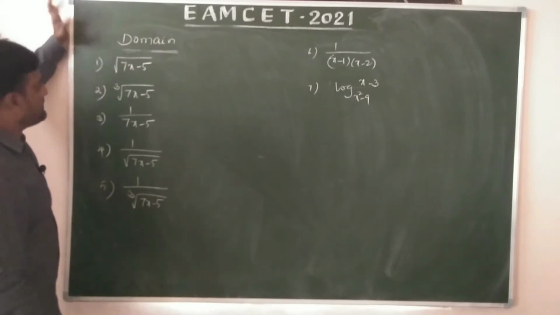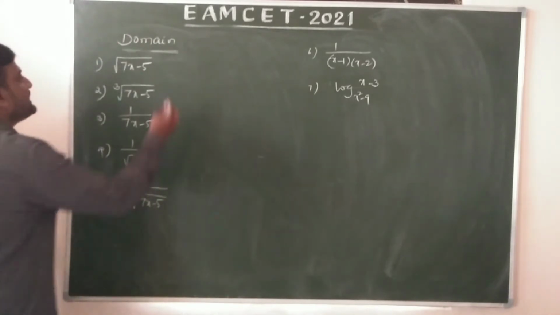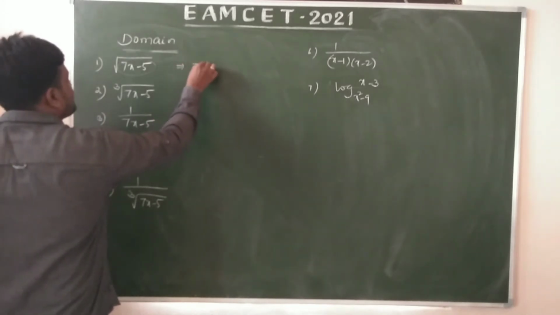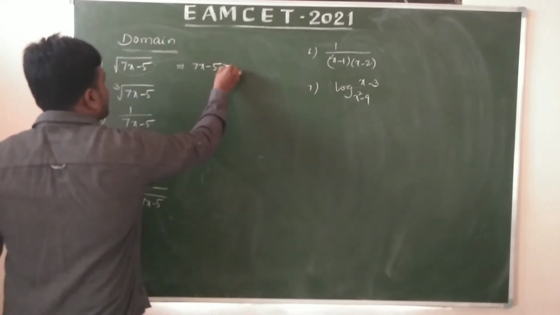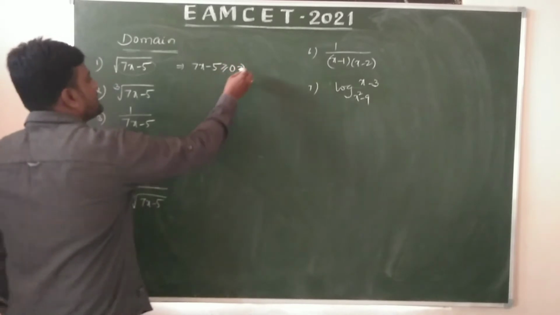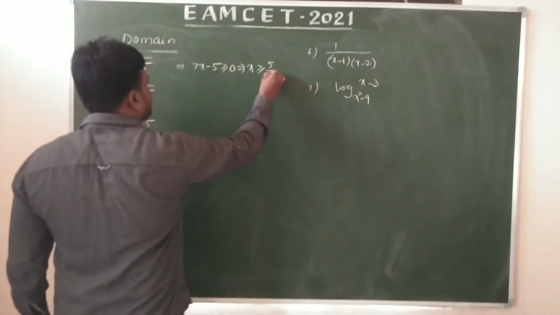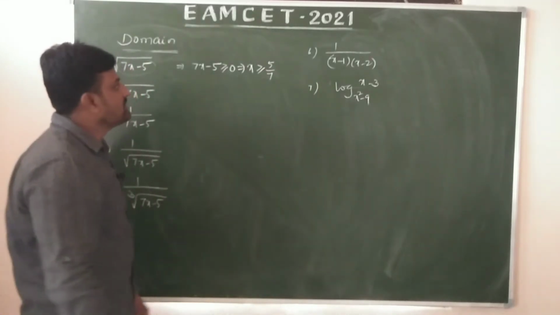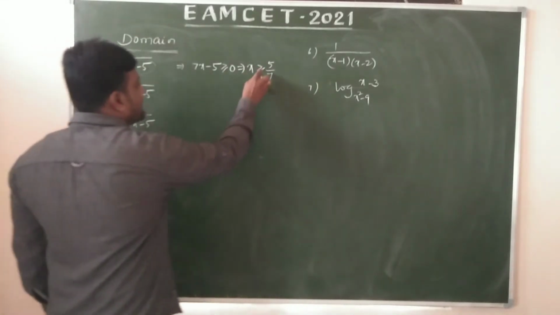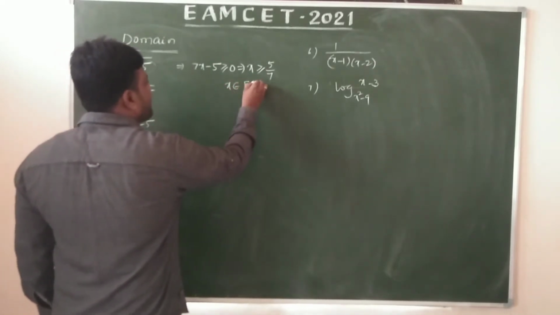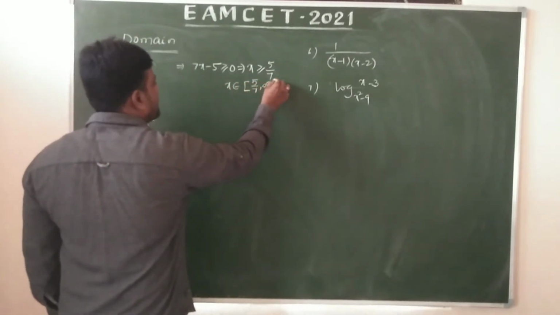Under root, for even root, it should be greater than or equal to 0: 7x minus 5 greater than or equal to 0, then x greater than or equal to 5 by 7. So x belongs to 5 by 7 comma infinity.